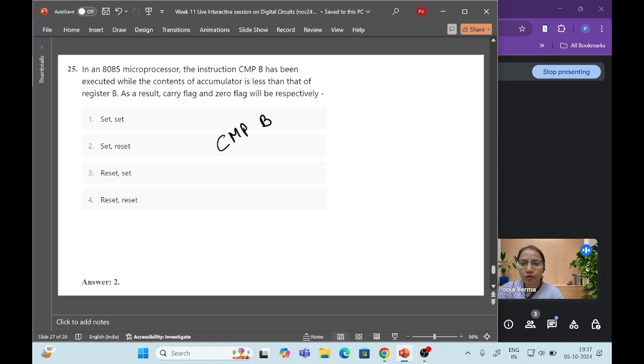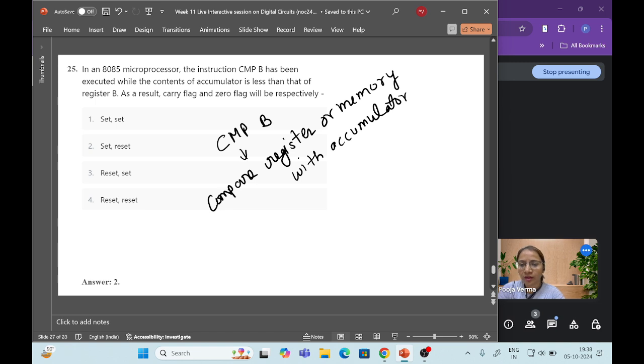So they are saying that CMP B has been executed. What will CMP B do? That means compare register or memory with accumulator.